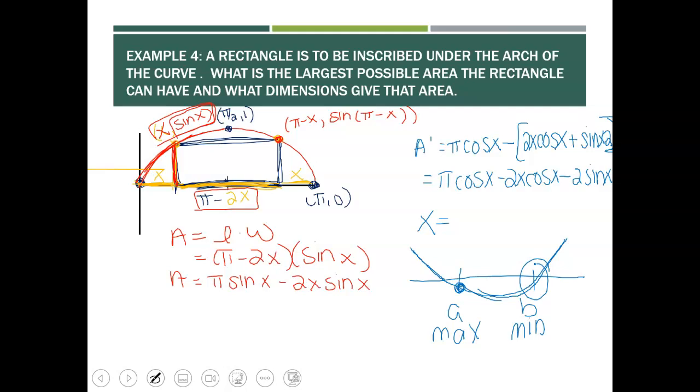So you should get 0.710. So that's the height of the rectangle. And then if you wanted to find the length of it, then you would say L equals pi minus 2 times 0.710.